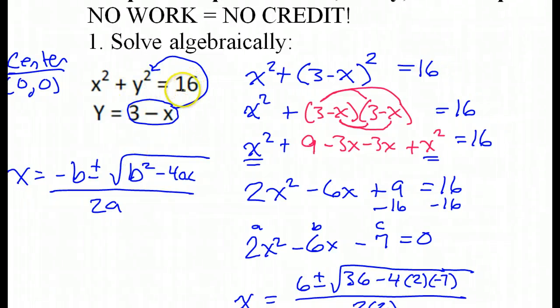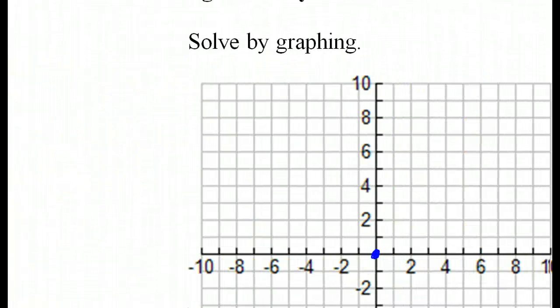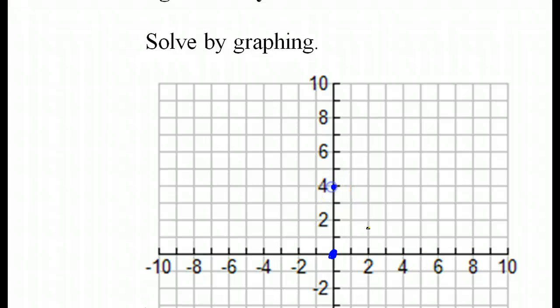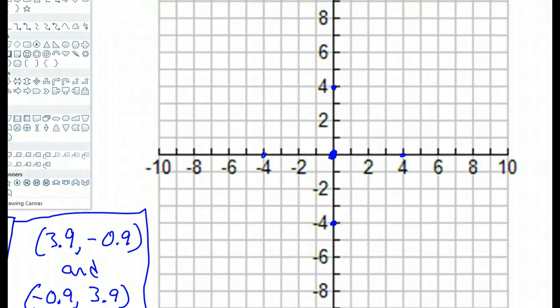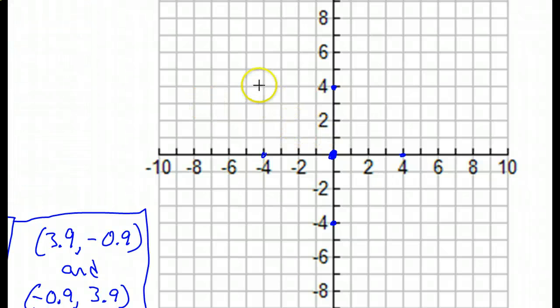Because I have 16 here, that means the radius must be 4. So I should be able to go 4 in all directions. So here, here, here, and here. Alright, so I'm going to go ahead and draw the circle now. And it should be like this.